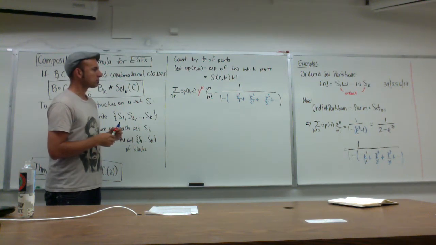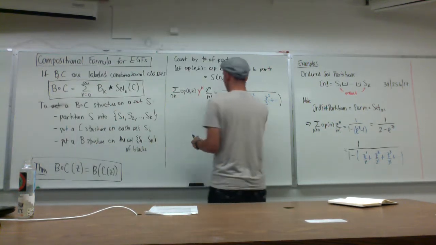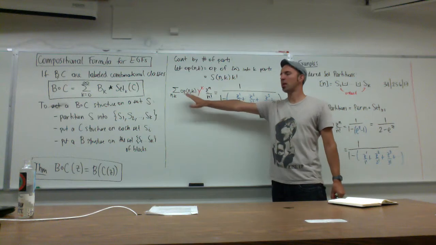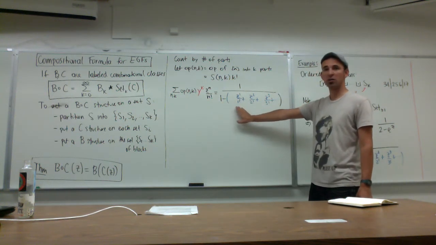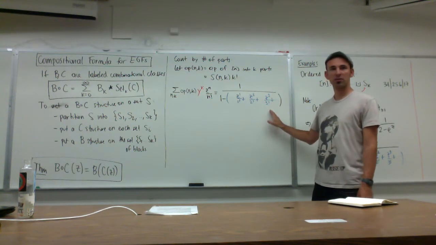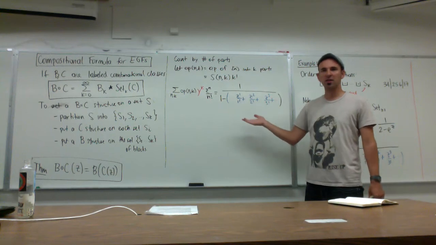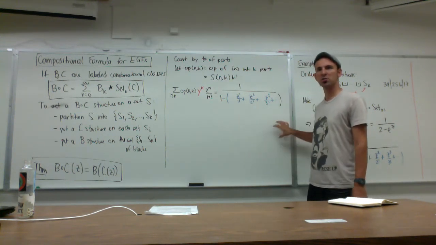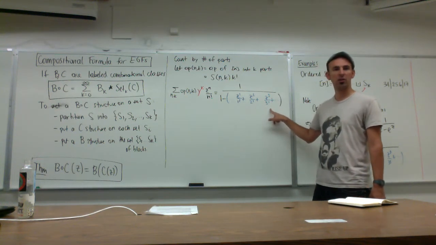Okay. One way of thinking about what's going on here is that you're making an ordered set partition by choosing parts of size 1, parts of size 2, parts of size 3, etc. Right? And remember, when we have 1 over 1 minus something, we're making a sequence. Right? We're just making a sequence of some set, then some other set, then some other set, and this and that set is going to have size 1 or size 2 or size 3, or so on.